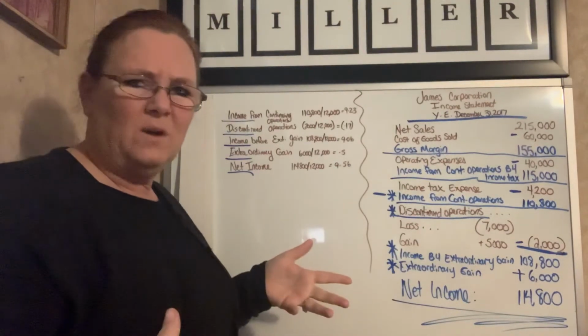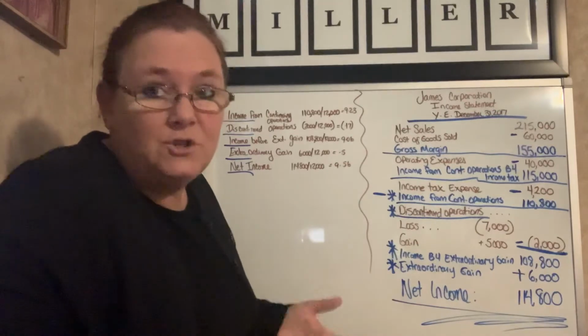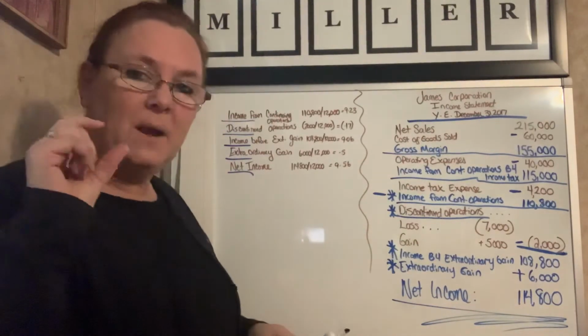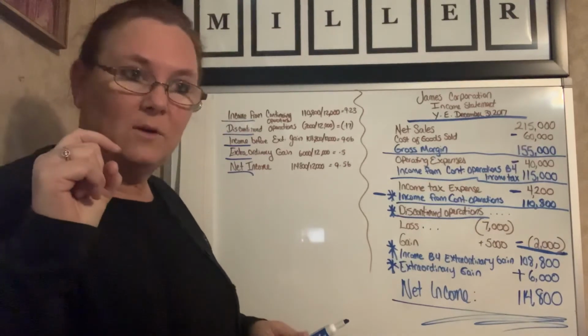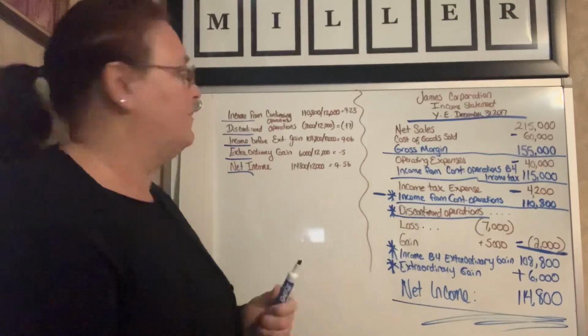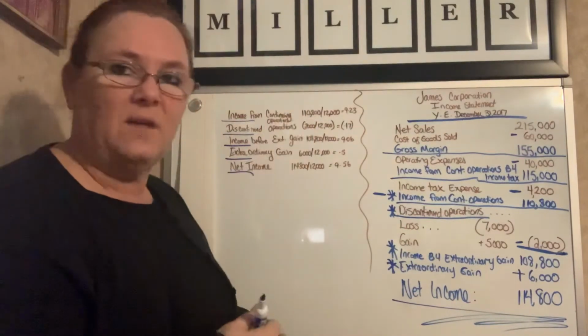Again, why are we using 12,000? Because there were 12,000 shares. You can find that data up at the top in the paragraph section of the problem I gave you. It says, assume for this company that they have 12,000 shares. That's the data that you have.